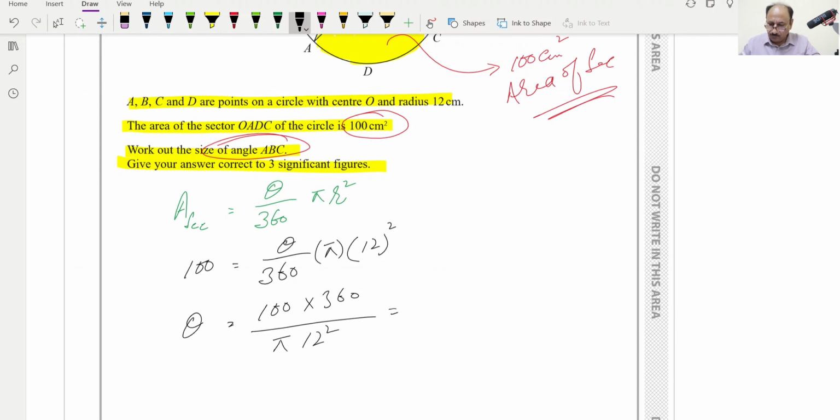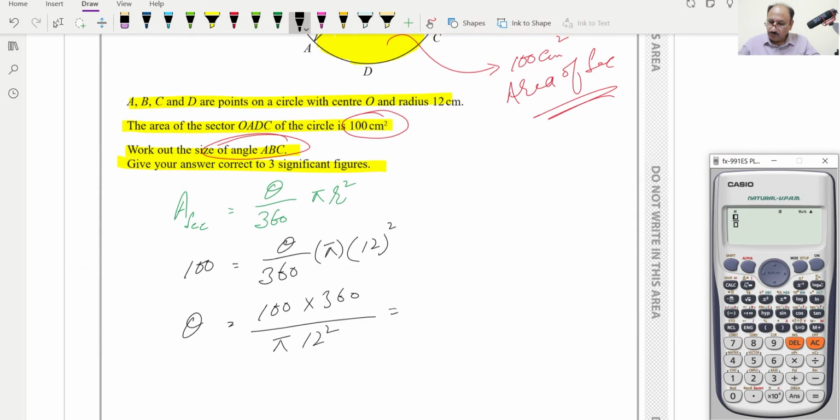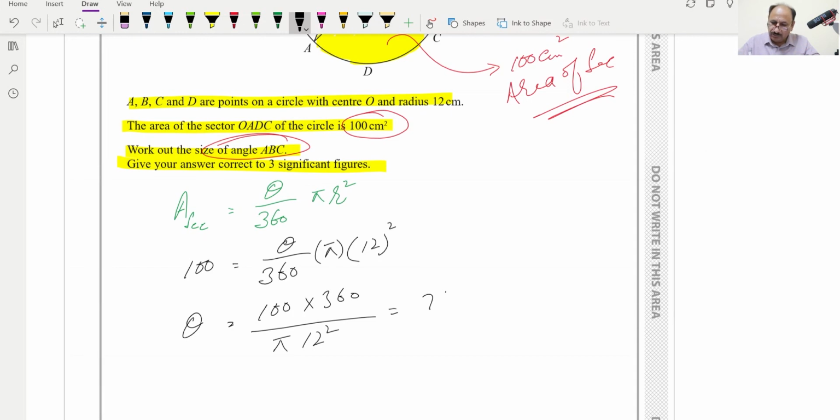If we calculate this, it will be 100 times 360 over pi times 12 squared, and this is equal to 79.58 degrees.